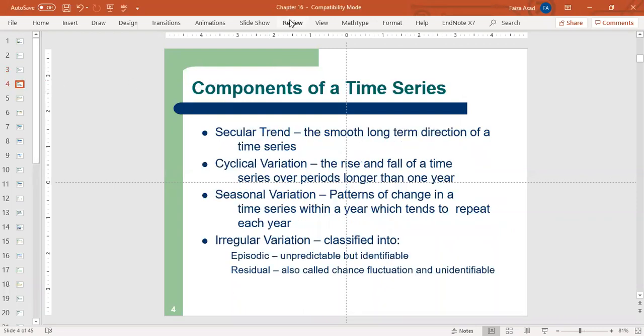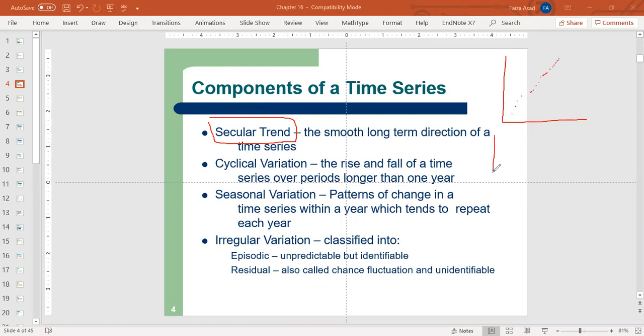So here are the components of the time series data. The secular trend: the smooth long-term direction of the time series. It means the smooth long-term direction, so if the data has a smooth upward trend.